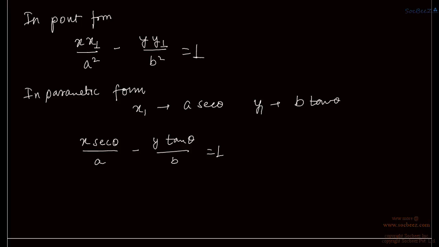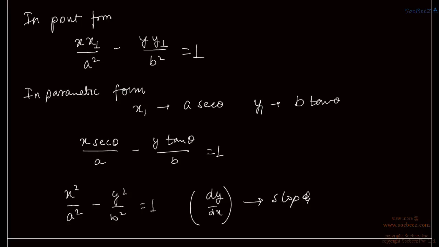Likewise, the equation of normal can be found by differentiating the equation x square upon a square minus y square upon b square is equal to 1 to get dy by dx. This is the slope of the tangent, and the slope of the normal is minus 1 upon the slope of the tangent, isn't it?